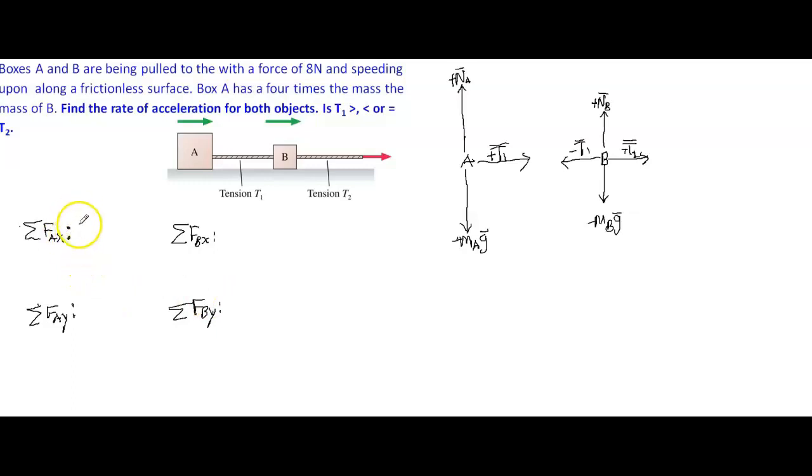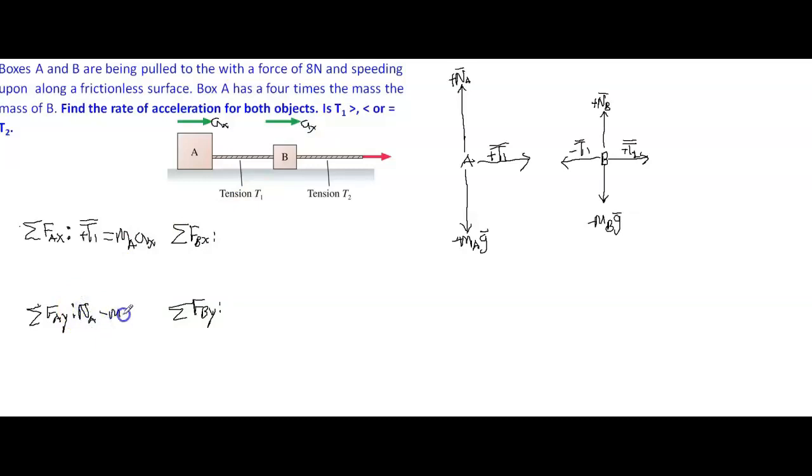Object A, in the x direction, has only one force, which is T1, pointed to the right, so it's positive. And that is going to be equal to mass A times the acceleration in the x direction. In the y direction, mass A has a normal force up.